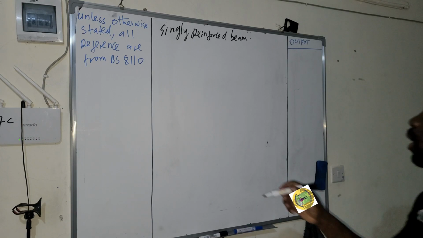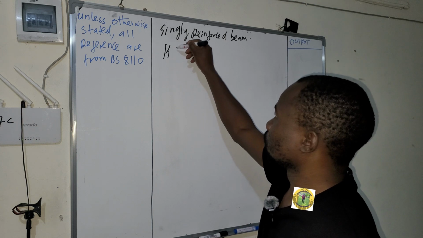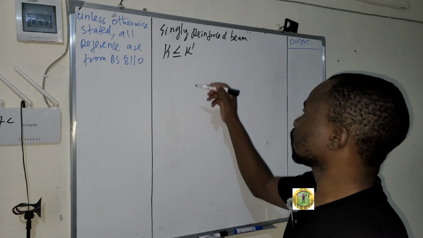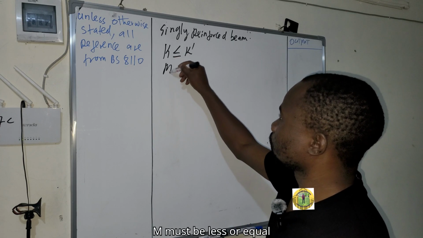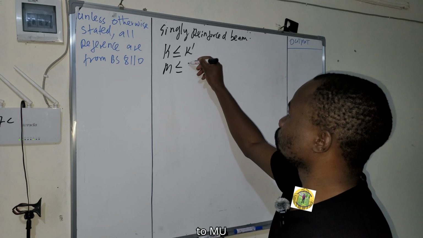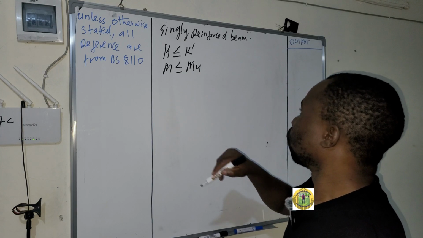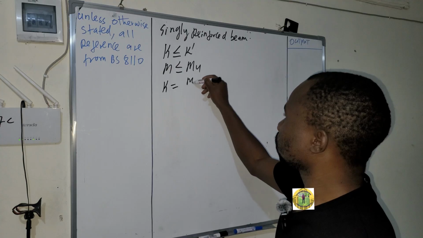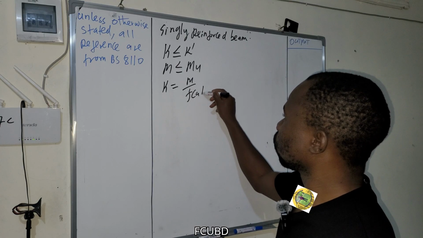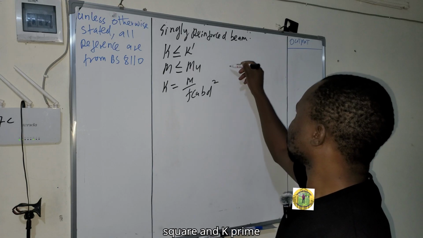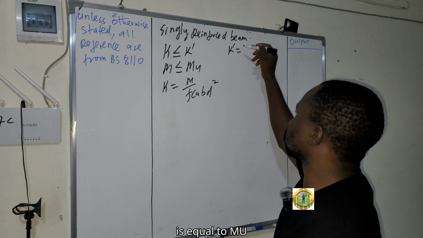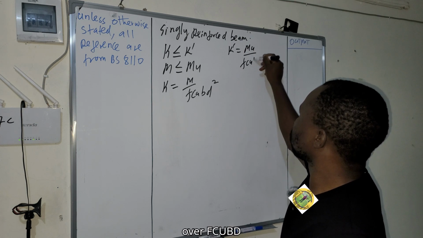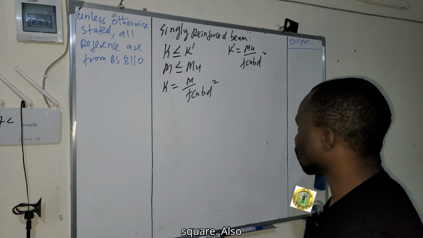The first criterion is K must be less than or equal to K prime, and M must be less or equal to Mu, whereby K is equal to M over fcu bd squared, and K prime is equal to Mu over fcu bd squared.